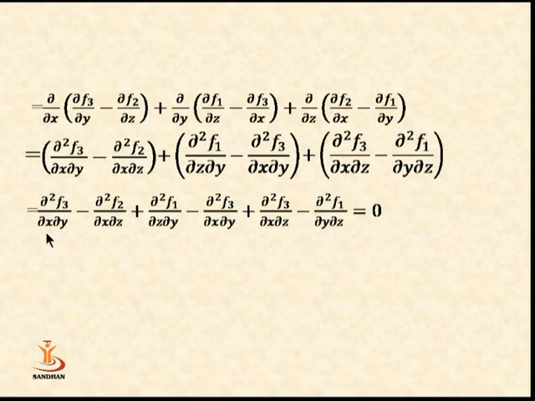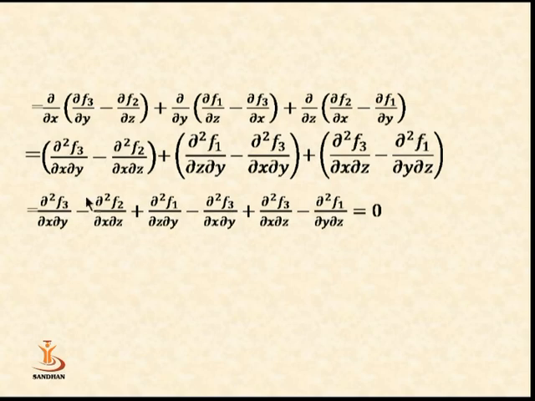Here we can see that ∂²f3/∂x∂y, the first, has a plus sign, and similarly the other has a minus sign.